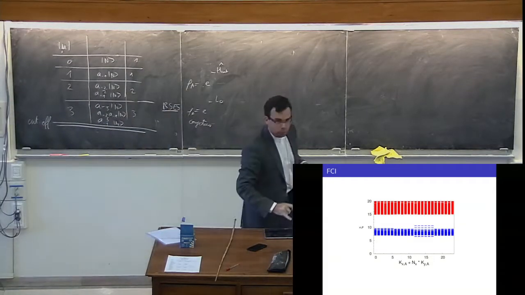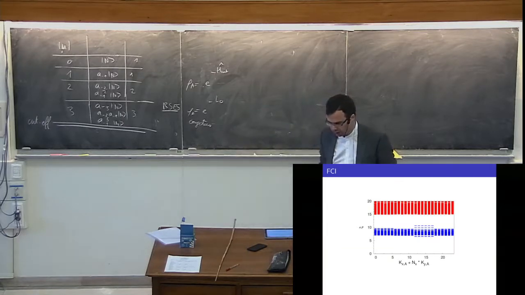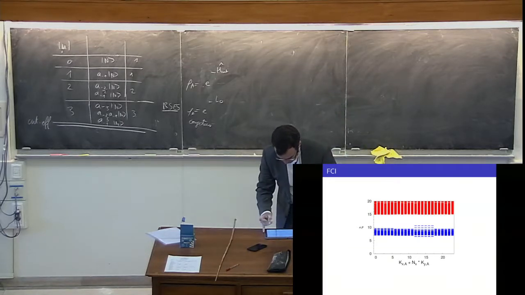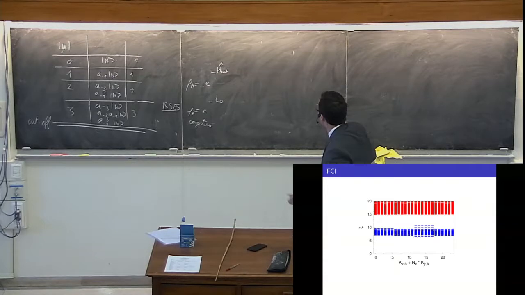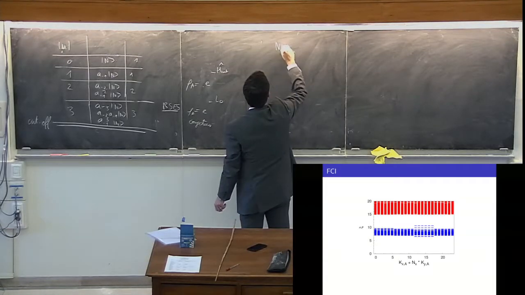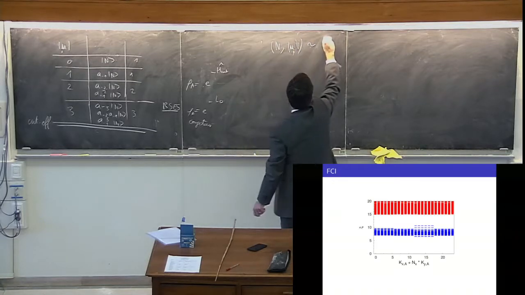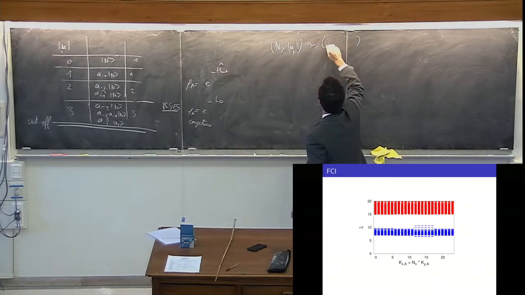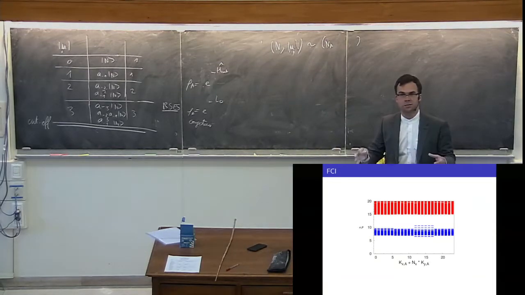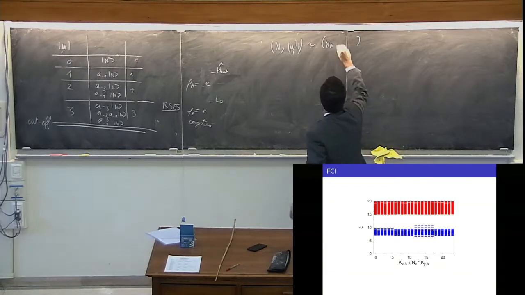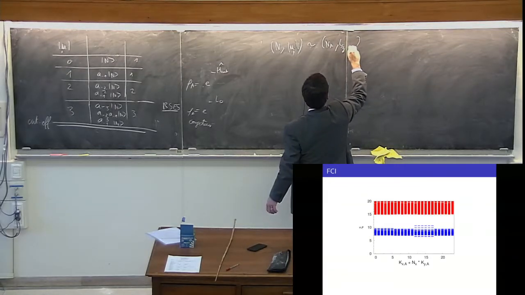So what does it mean to put a cutoff here at the CFT level? Roughly speaking, the n and mu, you can relate that to the NA, the number of particles that you keep in the region A, and the angular momentum LZA.